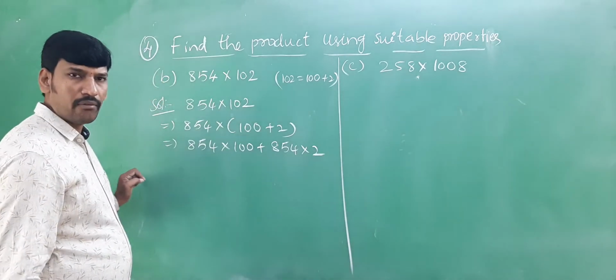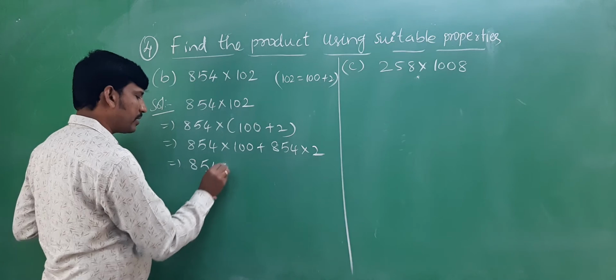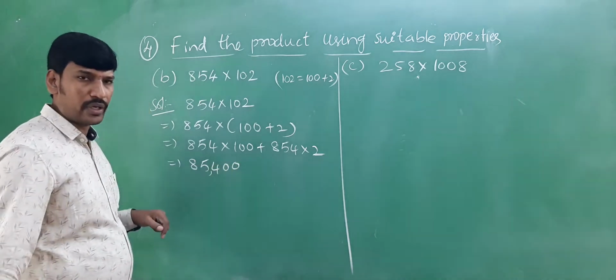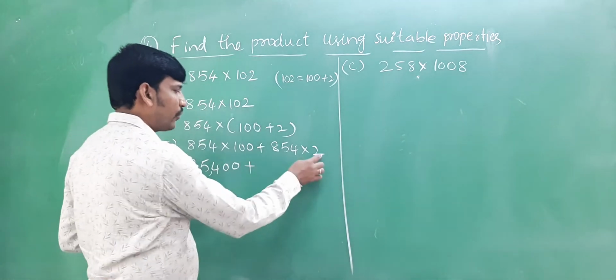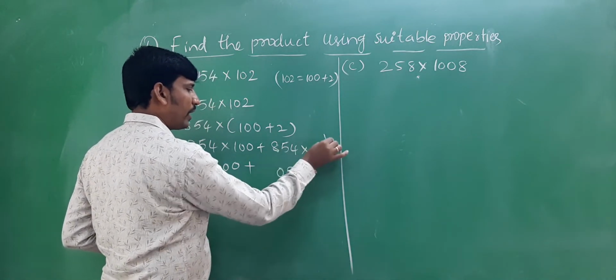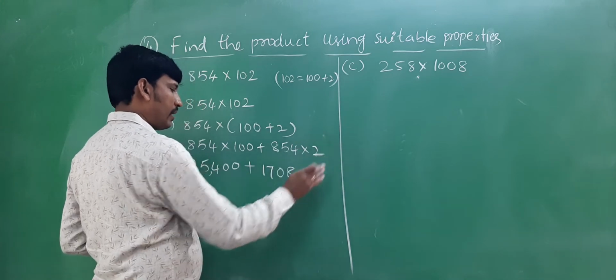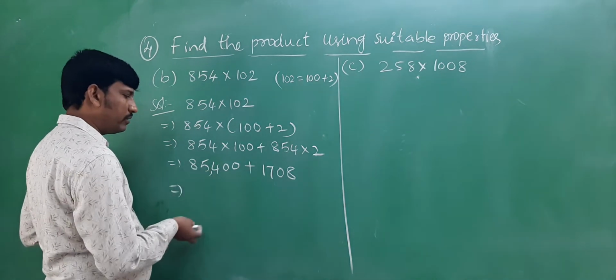Clear? Now 854 into 100 is nothing but 85,400 plus 854 into 2. 2 4s are 8. 2 5s are 10, 1 carry forward. 2 8s are 16 plus 1, 17. Now add this. Finally, it is easy to add now.